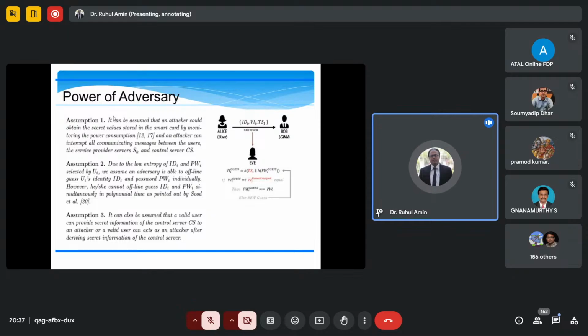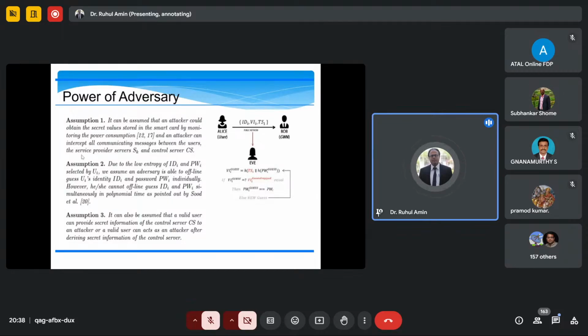Another point for the adversary is that the adversary can guess the password if it is low entropy, but the adversary cannot guess the identity and password together. That means guessing two pieces of information at a time is very difficult.